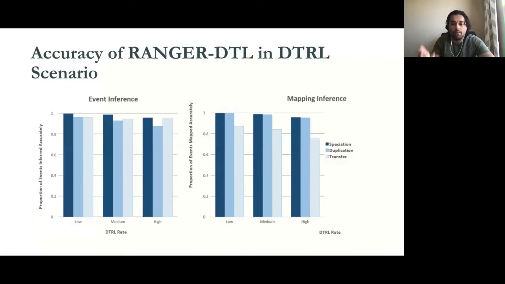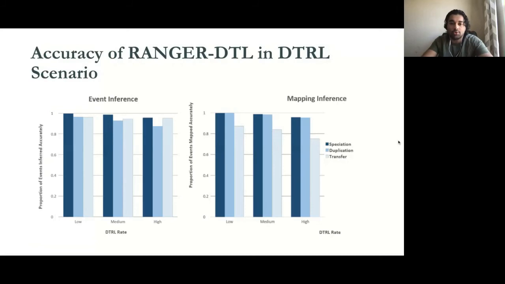But regardless, we see that it nevertheless captures these different transfer events, and it also maps these different transfer events happening in the gene tree accurately to the positions on the species tree, which would reflect at which point in the evolutionary history of a given set of species these different events have been occurring.